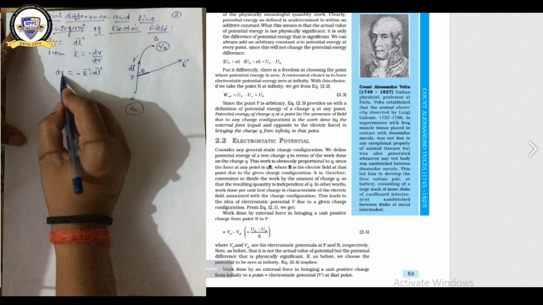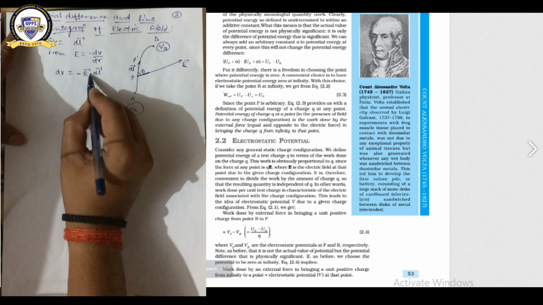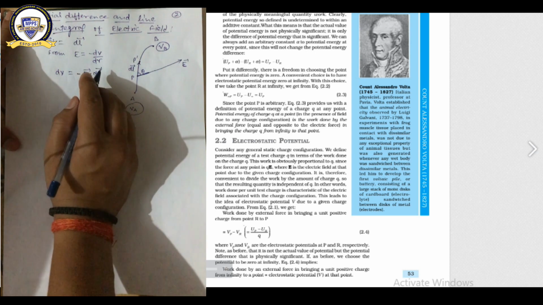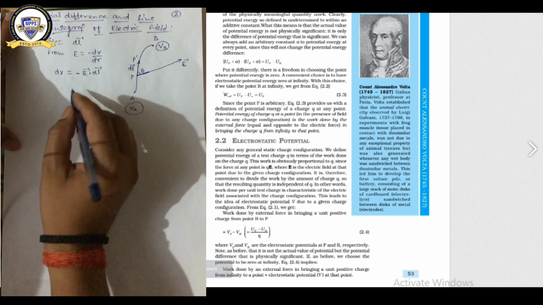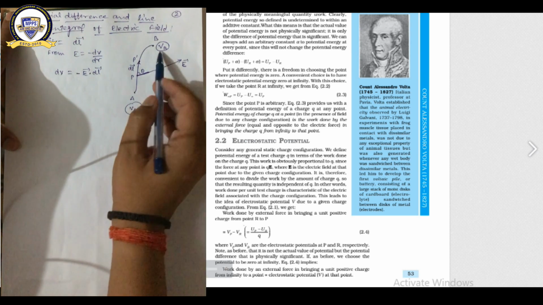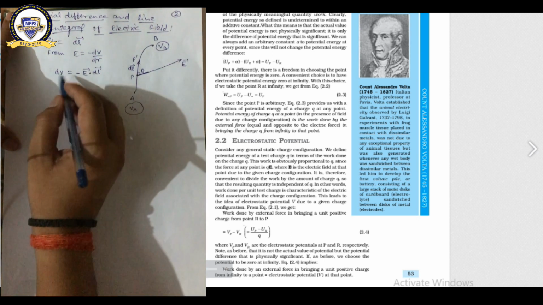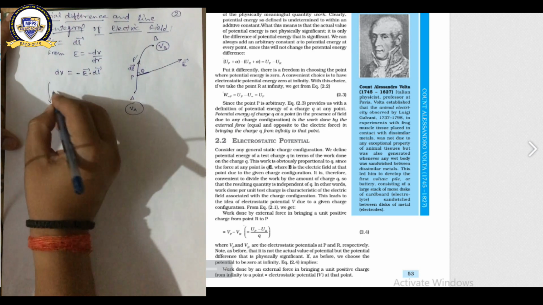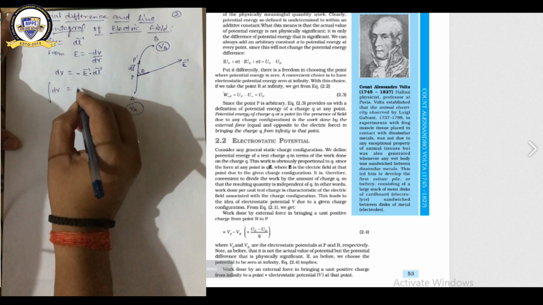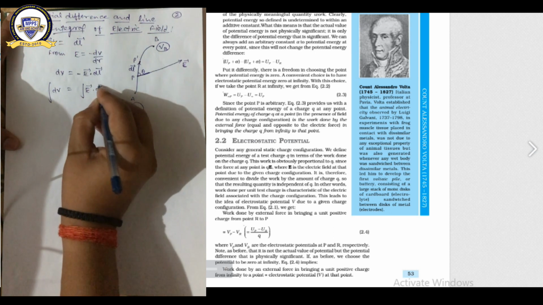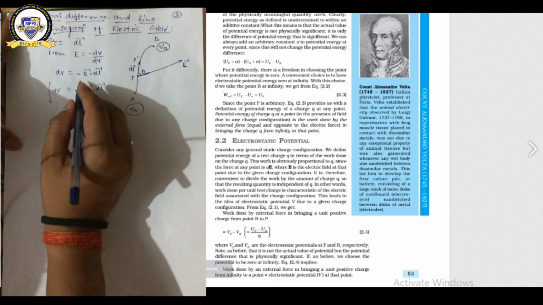Because V is potential, so here the sign will be the dot product. Since the potential at A is VA and the potential at B is VB, so the total potential can be calculated by integrating dV. So integrate both sides. Here it is minus.